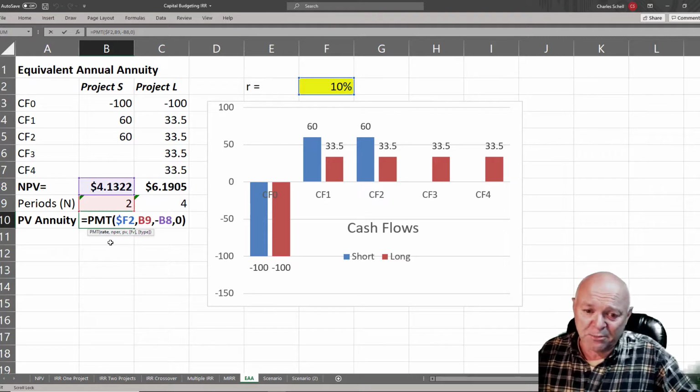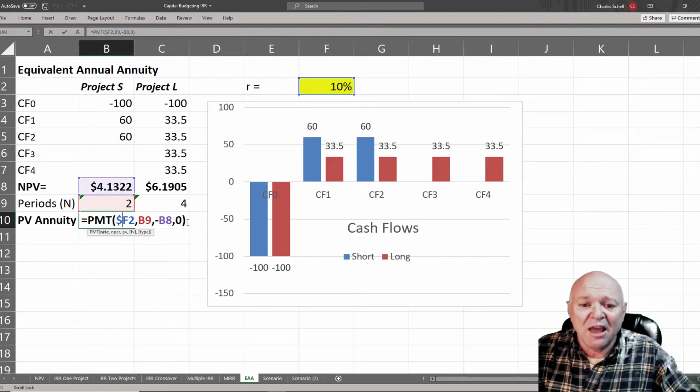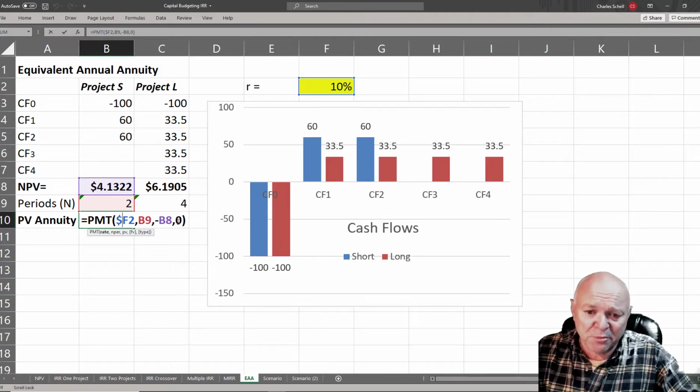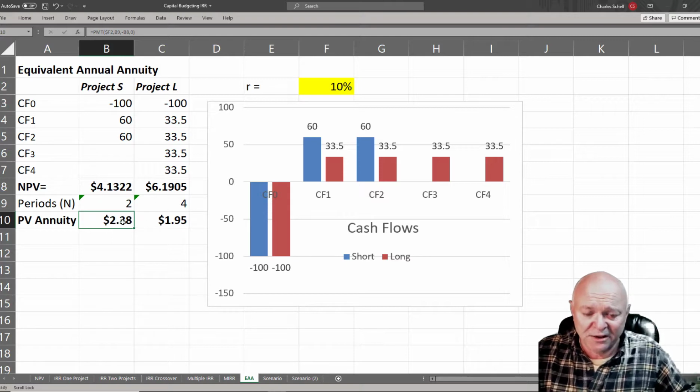It's actually called payment, equals payment, and the data that it needs: the discount rate, the number of periods from cell B9, the present value, the NPV, but it has to be a negative. And then I have information about the future value, which was just 0. So when I put that information in, I get the value of the annuities.